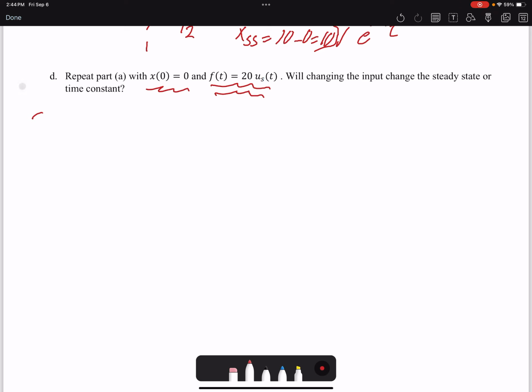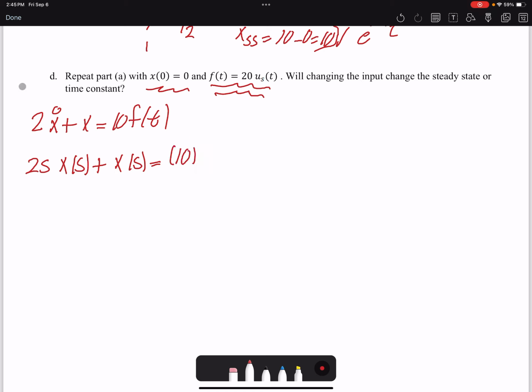Again, let's write our function here so we remember which function we are dealing with. 2s Xs plus Xs equals 10. I had 10 here, but this is 20 over s. So my Xs simply would be 20 over s(2s plus 1).